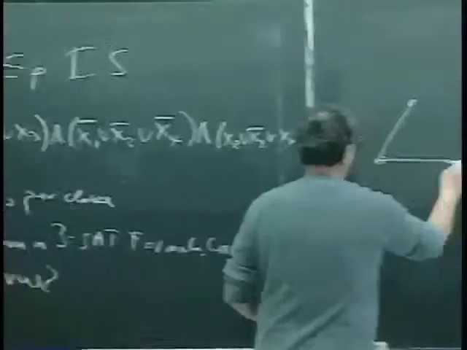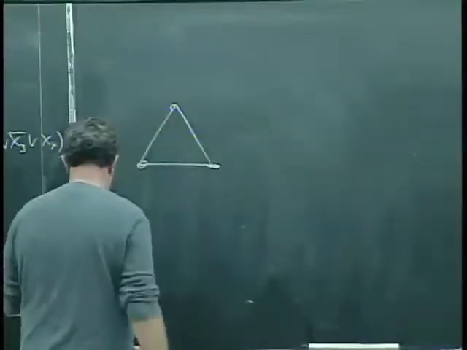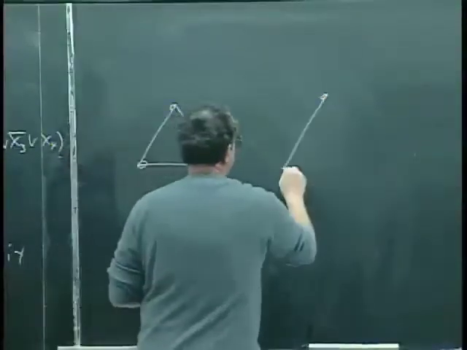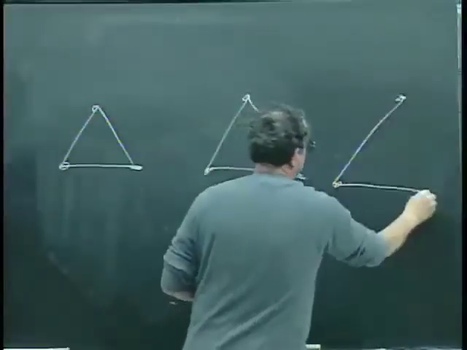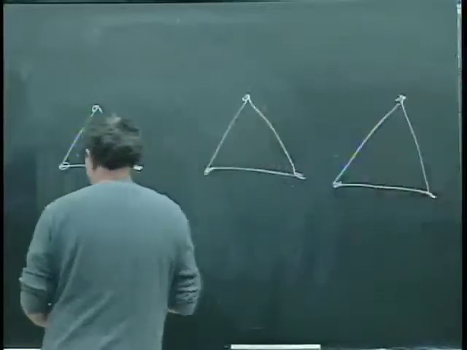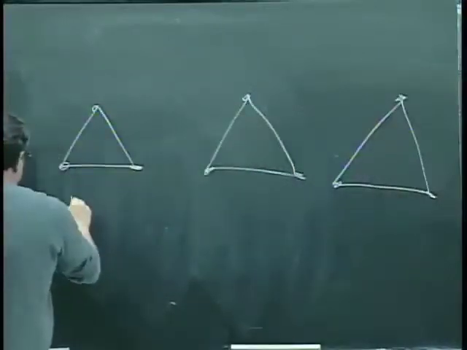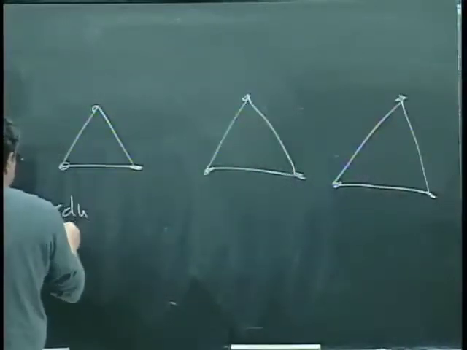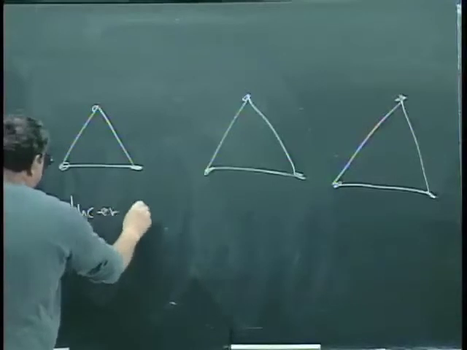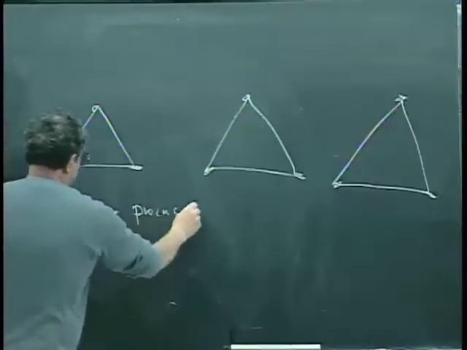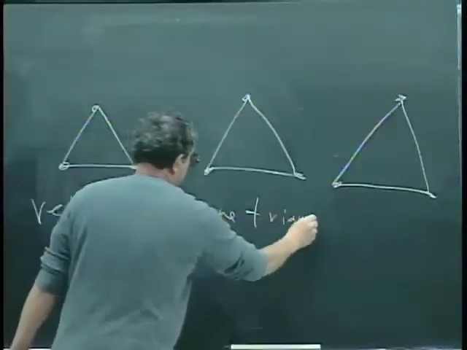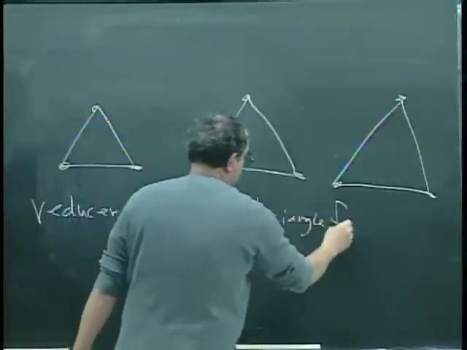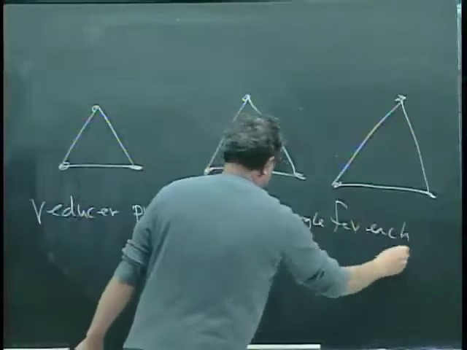It's going to have one triangle for each clause in the input. So the reducer, which is an algorithm that works in polynomial time, produces one triangle for each clause.